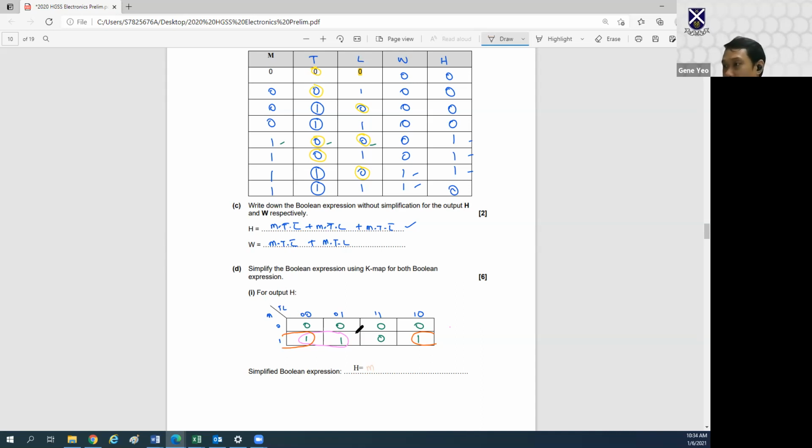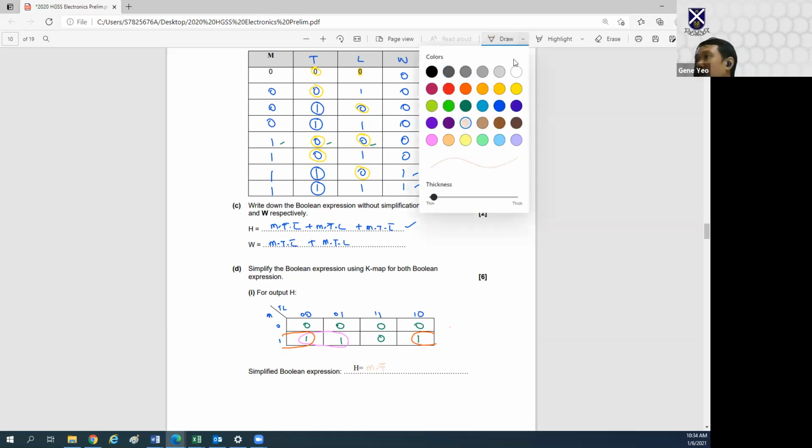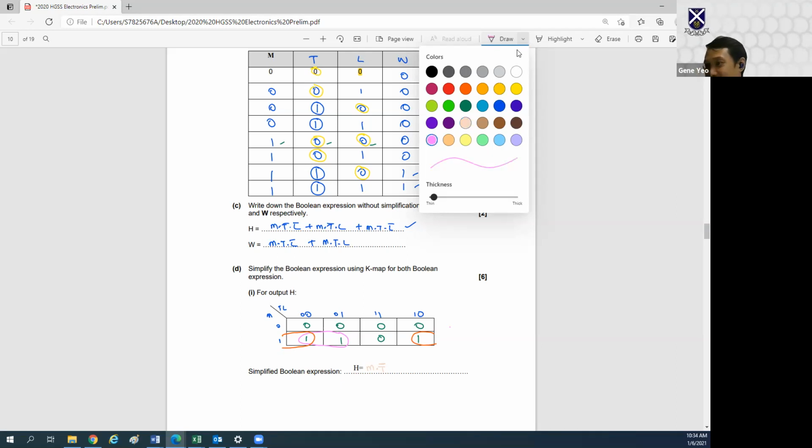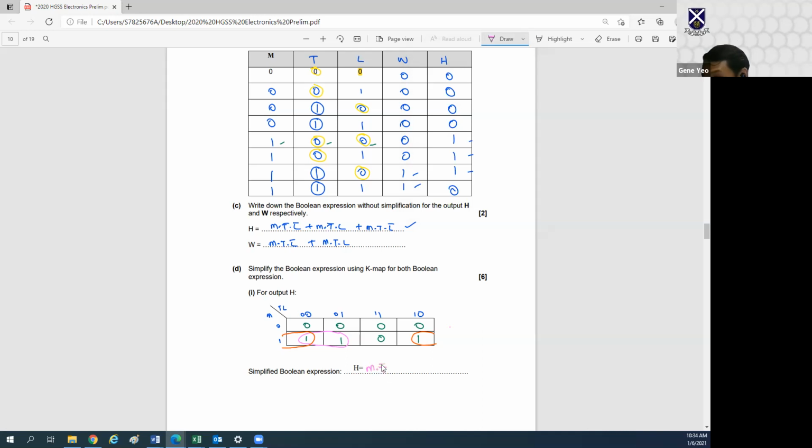That's what I also want, but since T is 0, I want the complement. So T complement. So I've settled the pink one: M and T complement.